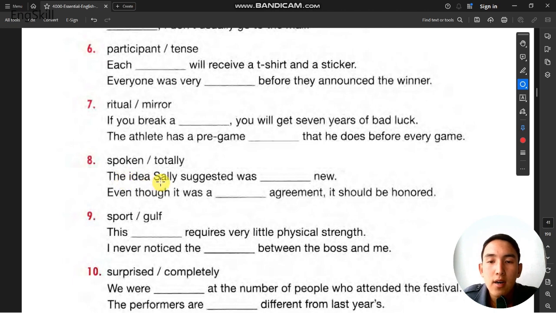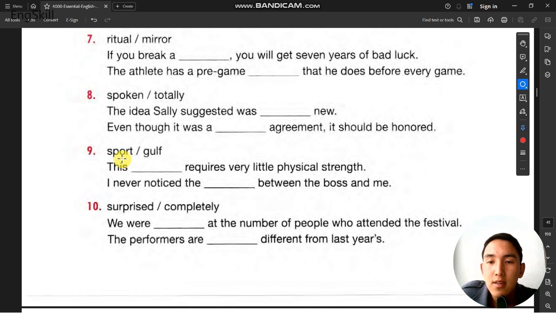Number 8 is spoken and totally. Even though it was a spoken agreement, it should be honored. Number 9 is sport and gulf. This sport requires very little physical strength.